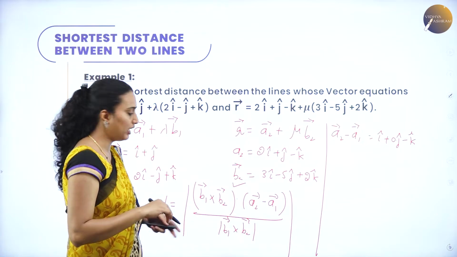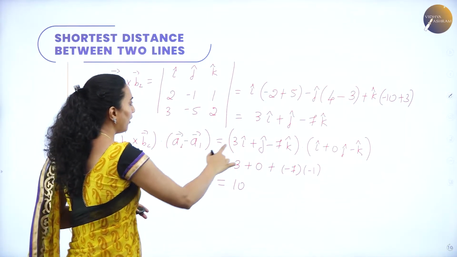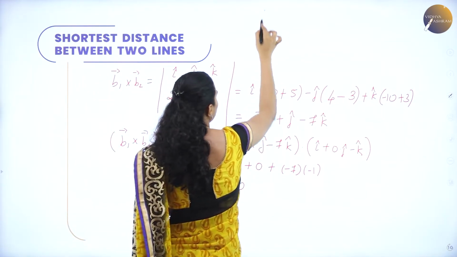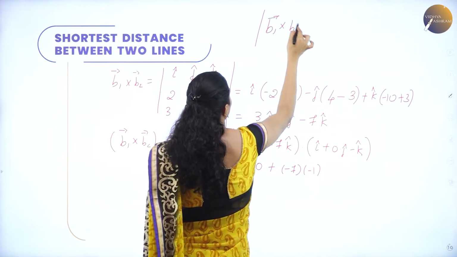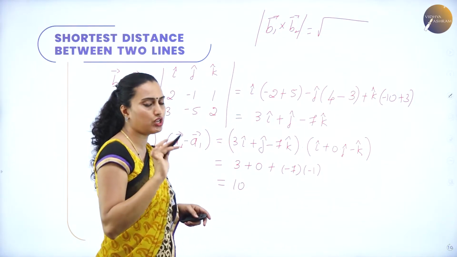Now, what do we need to calculate? The denominator, the magnitude of B1 cross B2. We have already found B1 cross B2. Let me write it here. The magnitude of B1 cross B2 is the square root of the sum of squares of the coefficients of i, j, k.